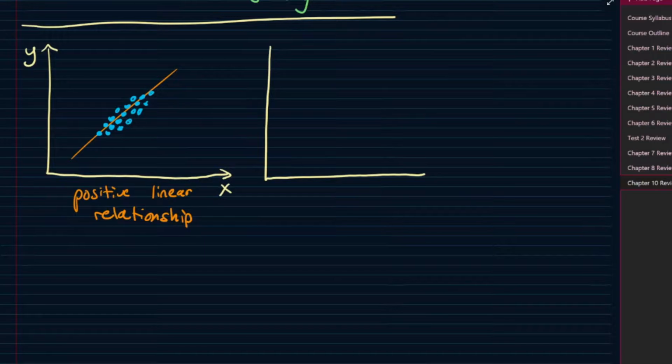There could also be a negative linear relationship, which means they are still related. It's just that an increase in one shows a decrease in the other. So that would be something along the lines of this.